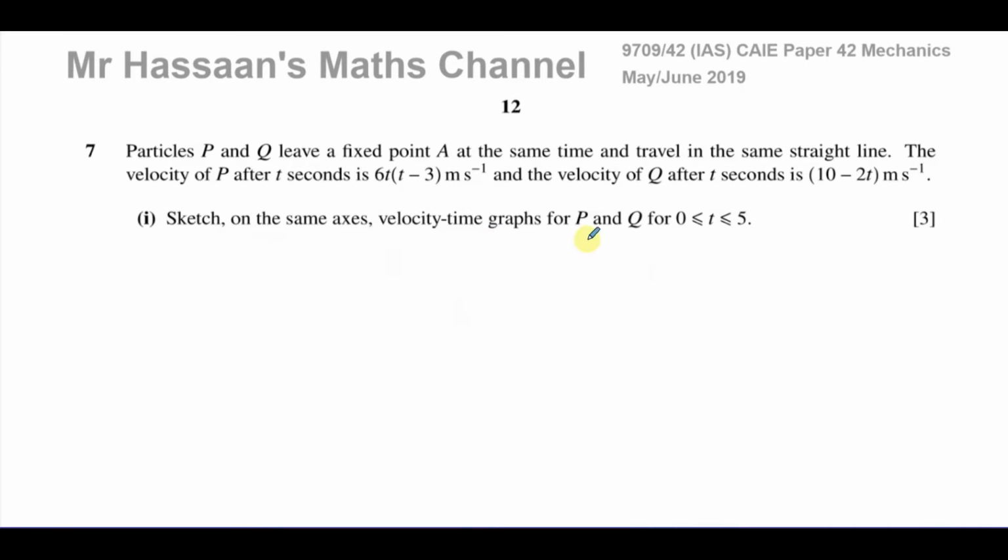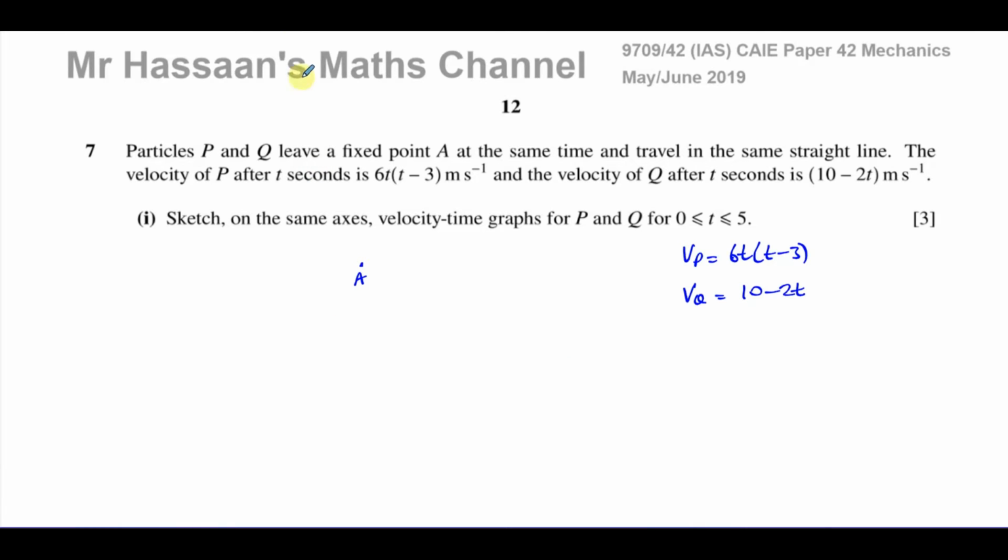The velocity of P after t seconds is given by 6t times (t minus 3) meters per second, and the velocity of Q after t seconds is given by 10 minus 2t meters per second. First, we have to sketch on the same axes velocity-time graphs for P and Q for t between 0 and 5 seconds.